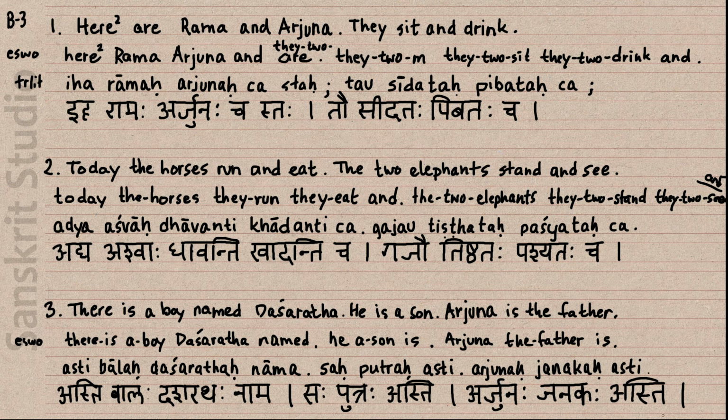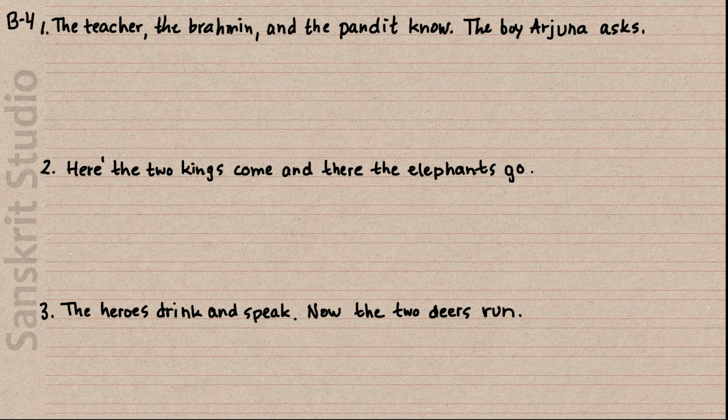Yeah. Okay, so let's take the sheet number B4 here. So then we have the teacher and the Brahmin and the Pandit. They know. Okay, so let's do the grouping here.